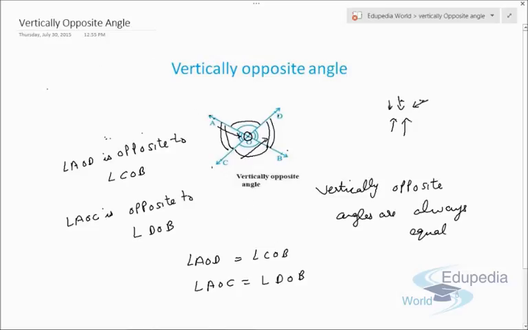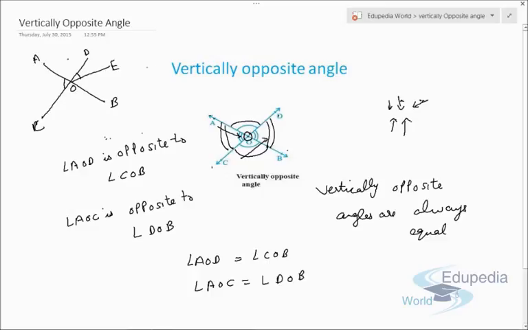Now consider one more situation. Suppose we have two intersecting lines like this, and there is one more line. You have to watch this part very carefully. These are the two lines AB and CD, and let's say we have line E also, and this is the intersection point of these lines.